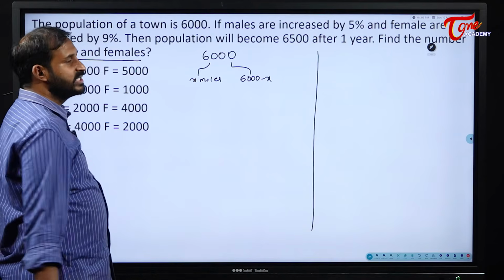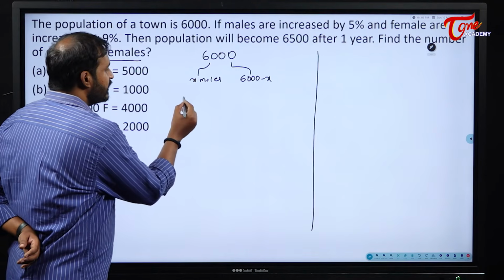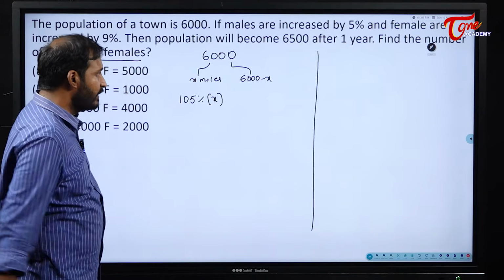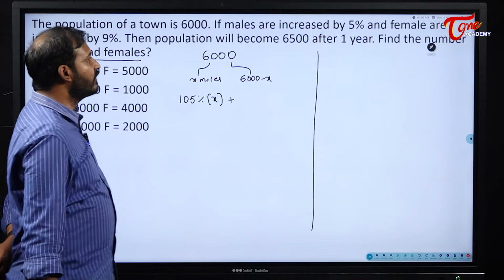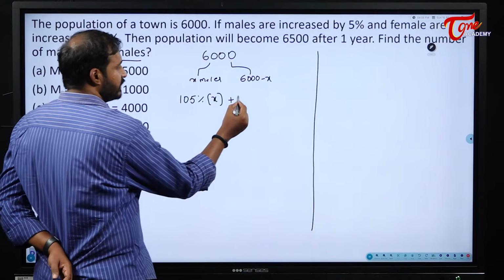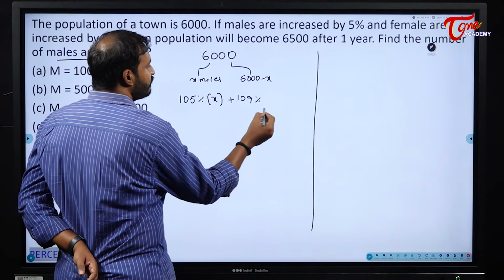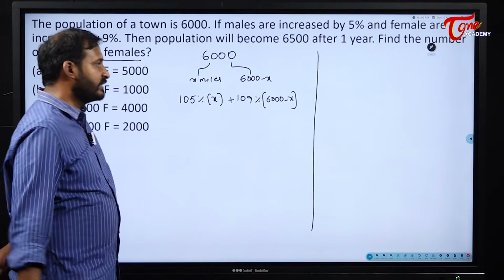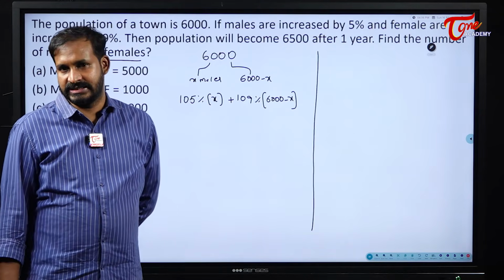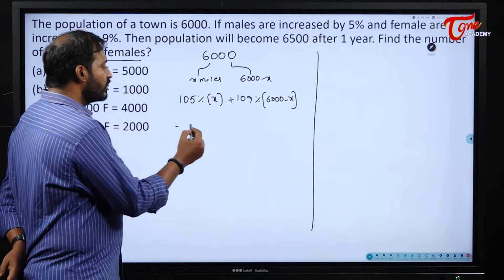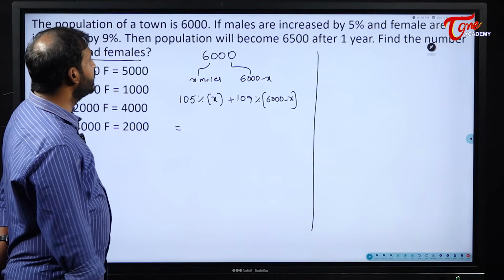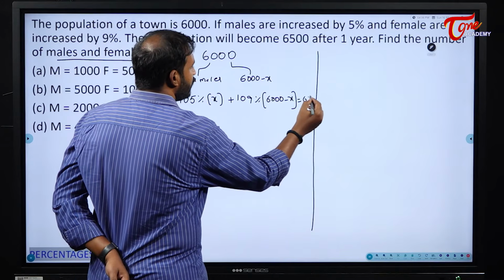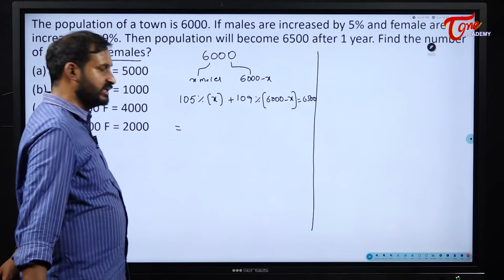So the male population is increased by 5%. So it will become what? 105% of X, right? Plus the female population increased by 9%. That means 109% of 6,000 minus X. Now solve this one, what will you get? The sum of these two is equal to 6,500, which was mentioned in the question itself.